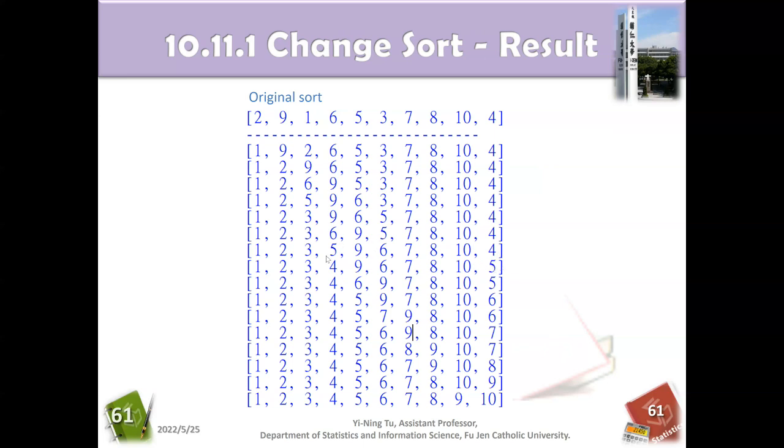It's a direct exchange, so I think exchange sort is the more precise name. We will continue to do that. Every time the data have changed, we just print it.